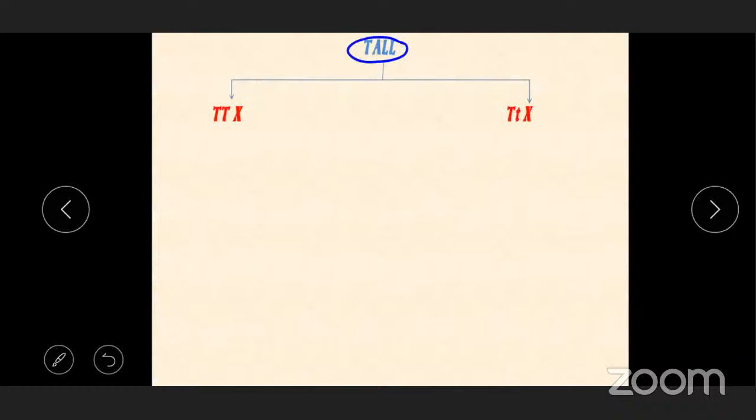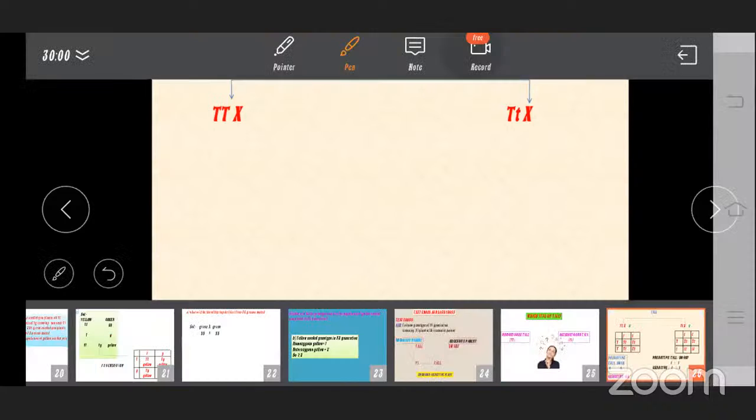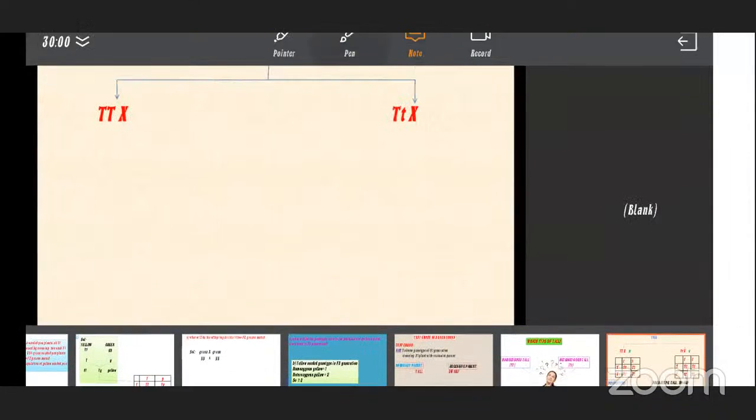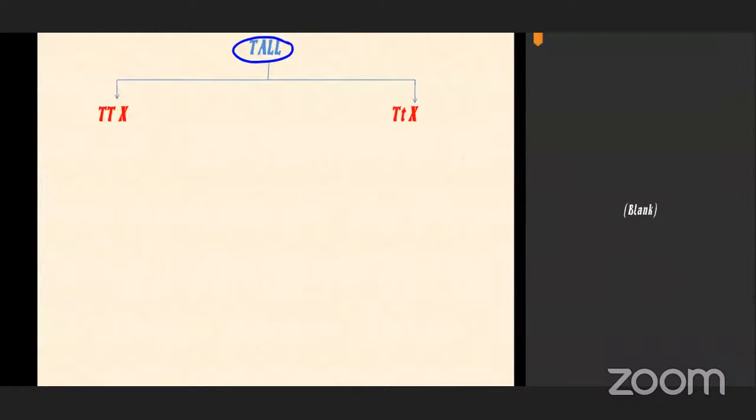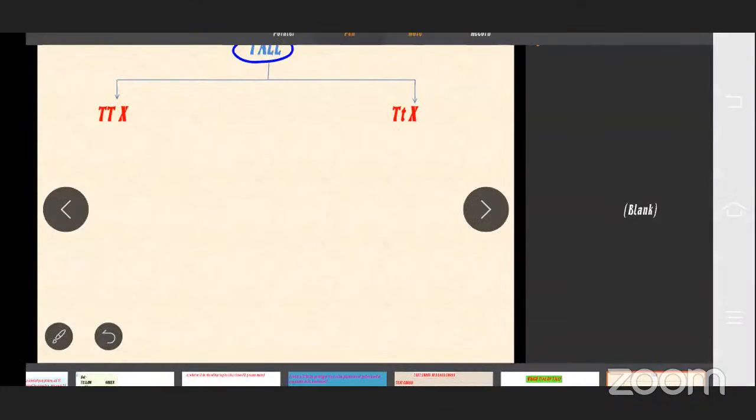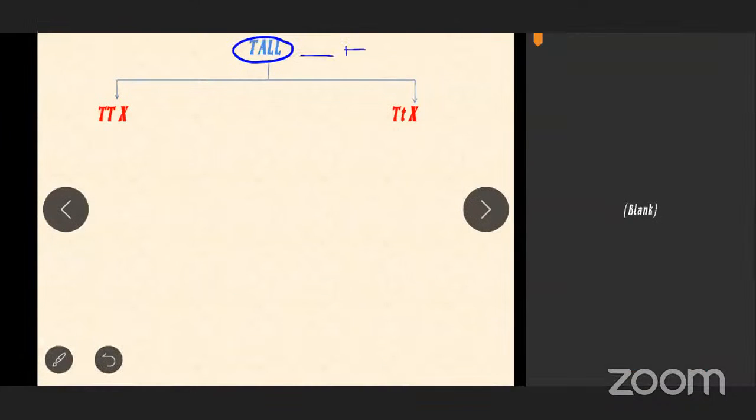There are two possibilities in the F1 plant. This is the F1 plant. It may be capital T, capital T, or it may be capital T, small t.